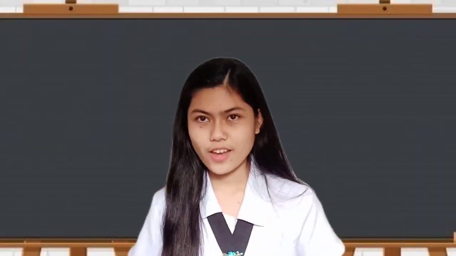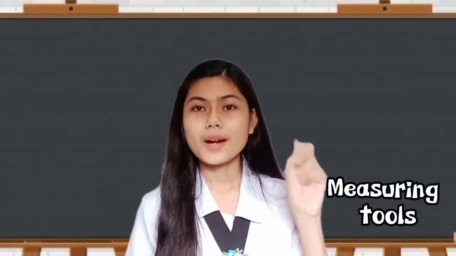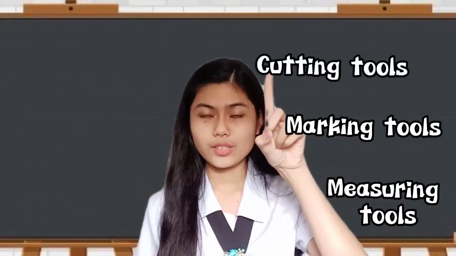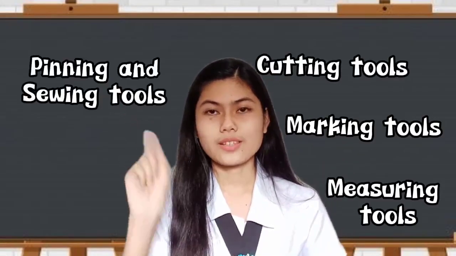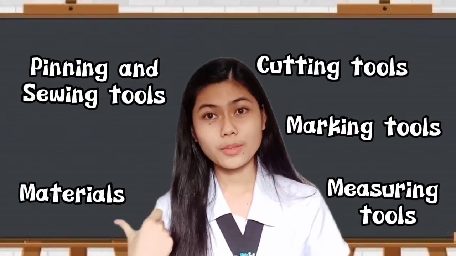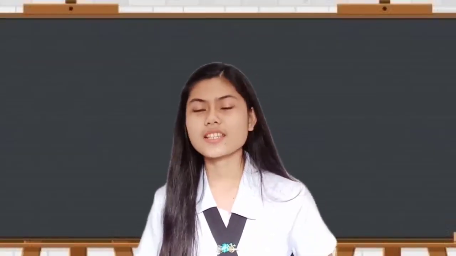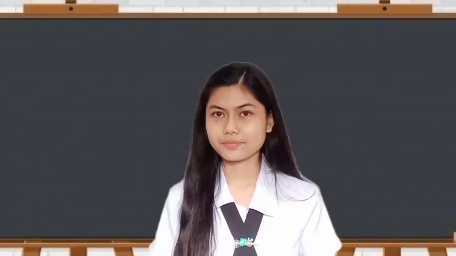Sewing tools are classified according to their uses. We have the measuring tools, marking tools, cutting tools, pinning and sewing tools, and lastly, other materials like fabric and thread. So first, let's discuss the measuring tools.